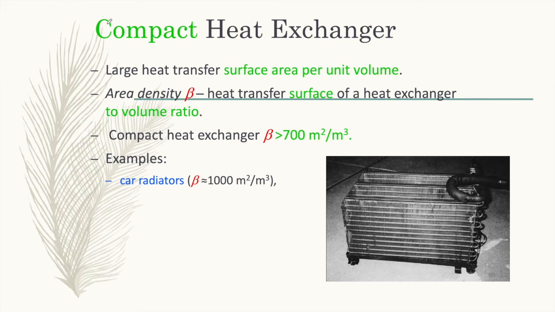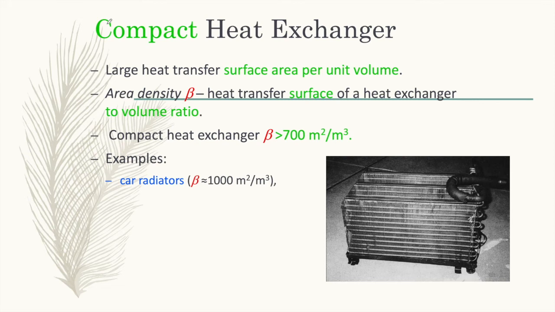The large surface area in a compact heat exchanger is obtained by attaching closely spaced thin plate or corrugated fins to the walls separating the two fluids. Compact heat exchangers are commonly used in gas to gas and gas to liquid heat exchange to counteract the low heat transfer coefficient associated with gas flow with increased surface area.